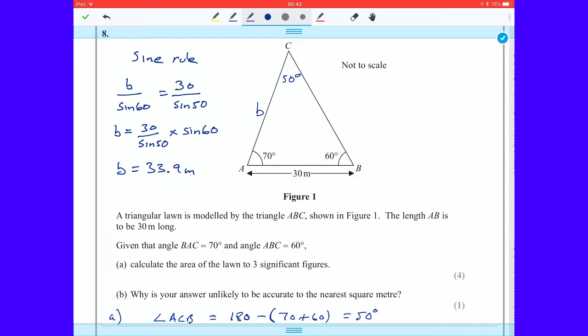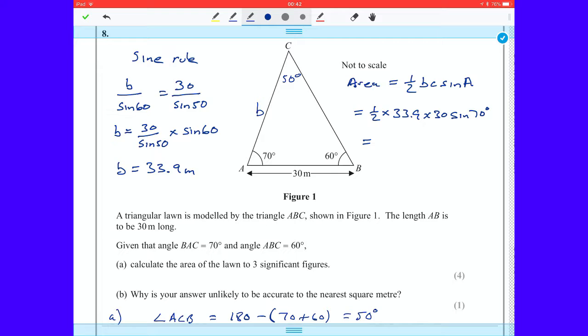So now that I know two sides of the triangle and the angle in between them is 70 degrees, I can use the fact that the area is equal to a half bc sine A, which is equal to a half multiplied by 33.9 multiplied by 30 multiplied by sine 70 degrees.